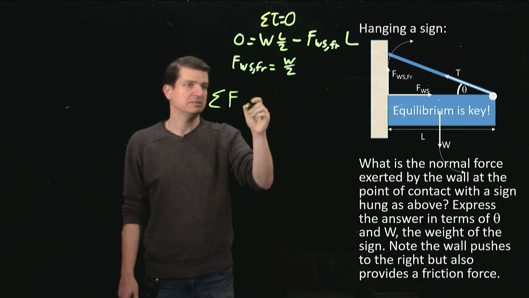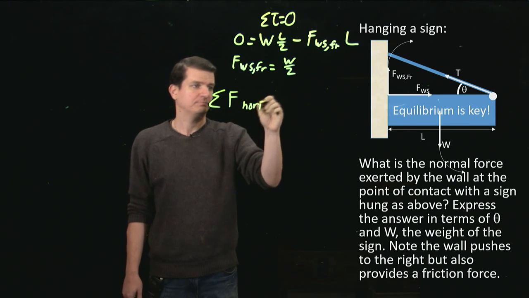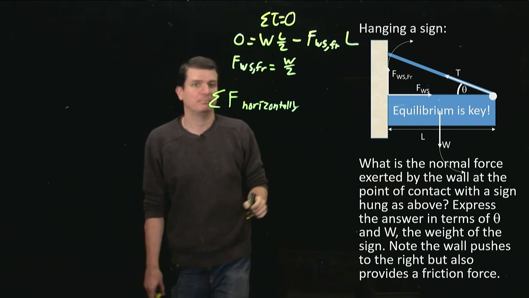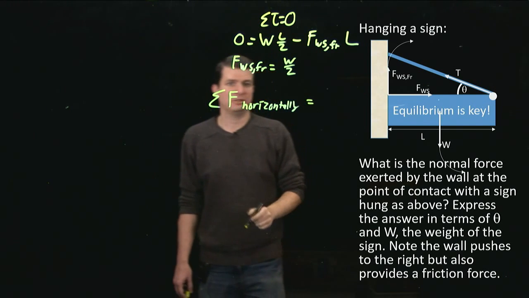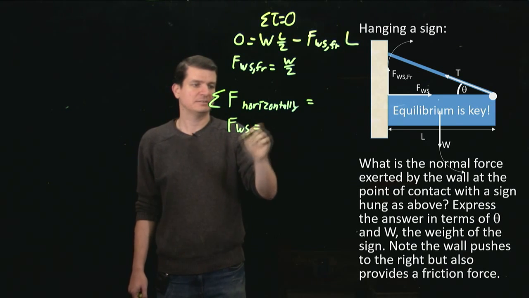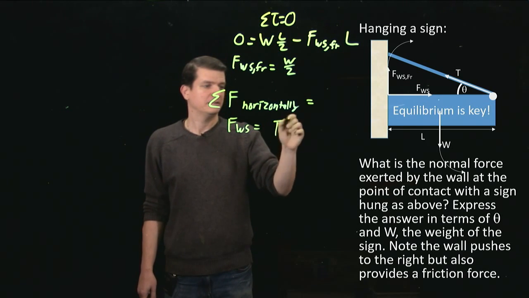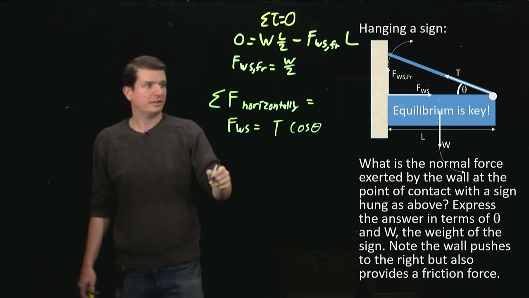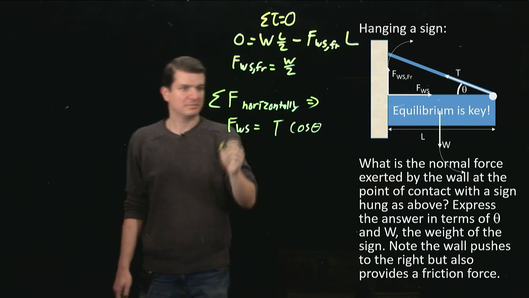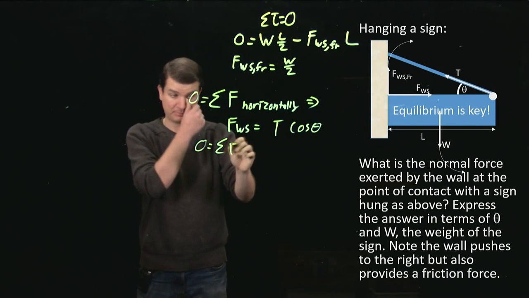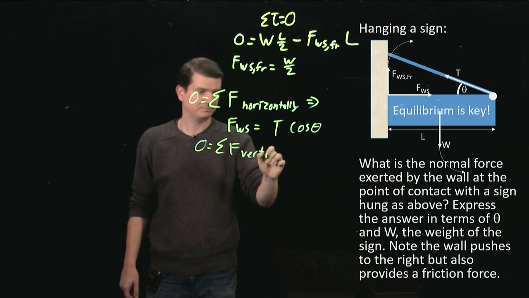The sum of the forces horizontally, say. Well, that gives us what it gave us in the previous case. It tells us that F_W,S is equal to the tension cosine of theta. Okay. Sum of the forces being 0 in the vertical direction.